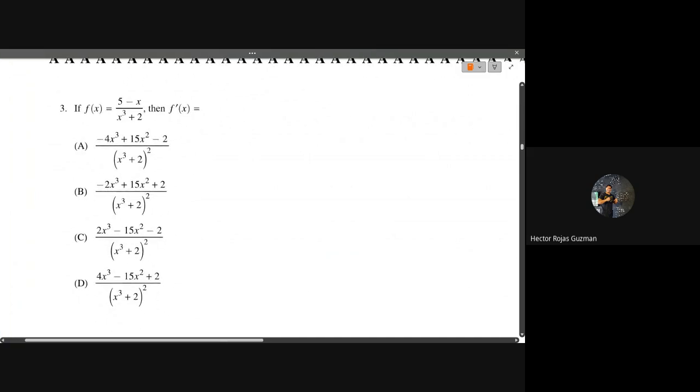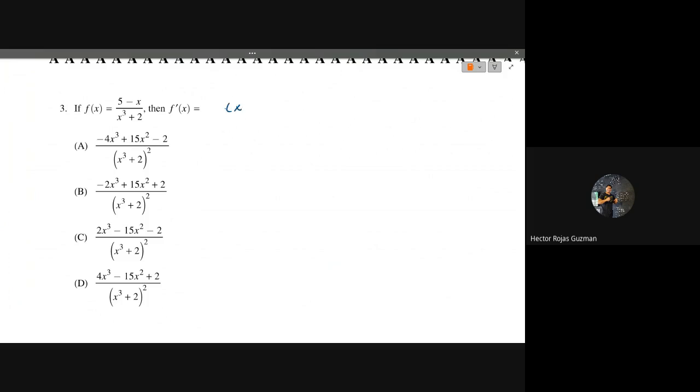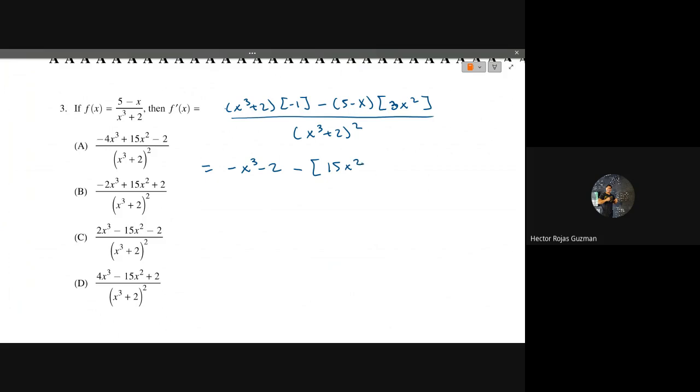Find the derivative. Nothing too complicated here, just a simple quotient rule. So it's the bottom times the derivative of the top minus the top times the derivative of the bottom all over the bottom squared. Okay. Now it's just a matter of cleaning it up carefully so we don't make any mistakes. So negative x cubed minus 2 minus 15x squared minus 3x cubed.